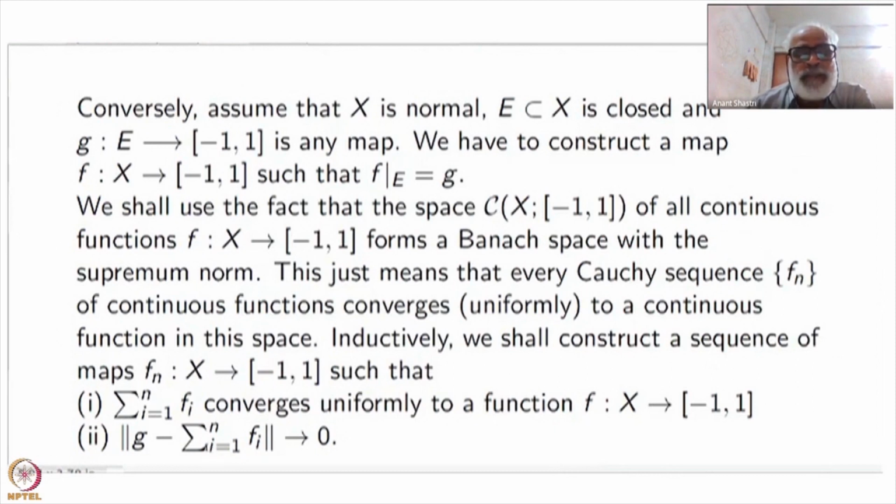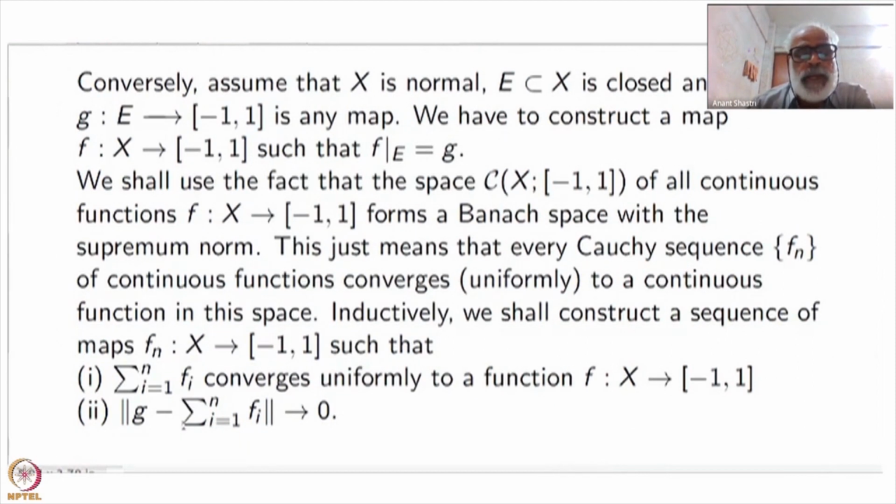And it has this property that the norm of G minus the sum of Fi from 1 to n converges to 0. This norm, because G is only defined on E, should be taken on E. So same norm restricted to E.